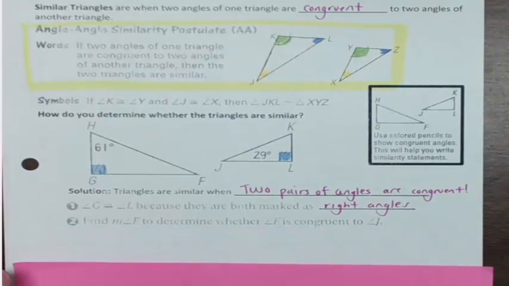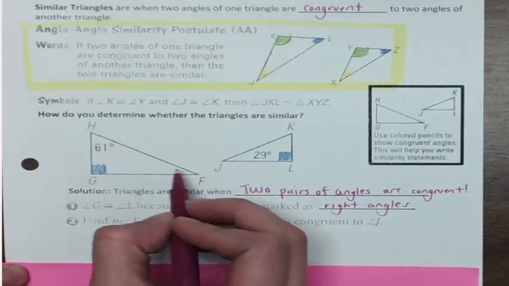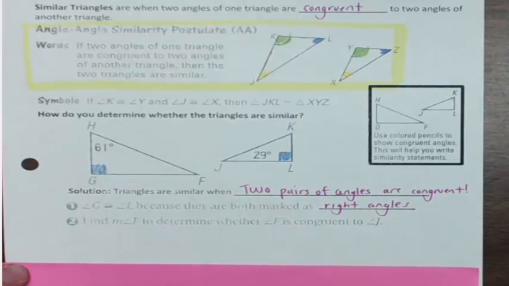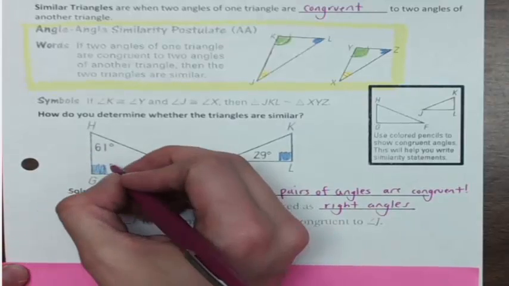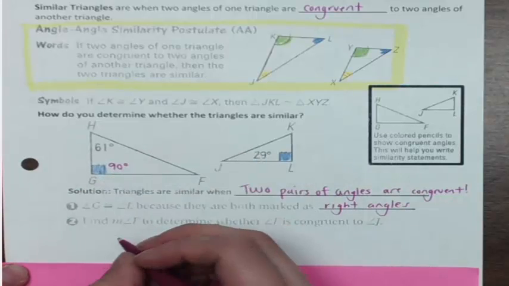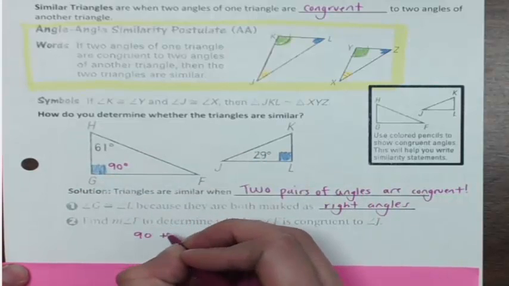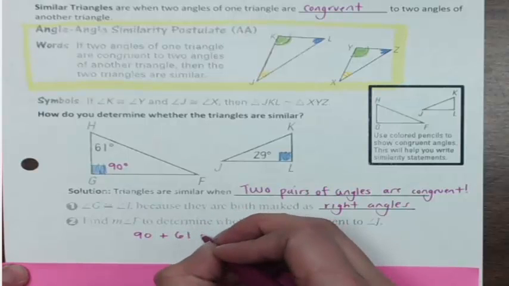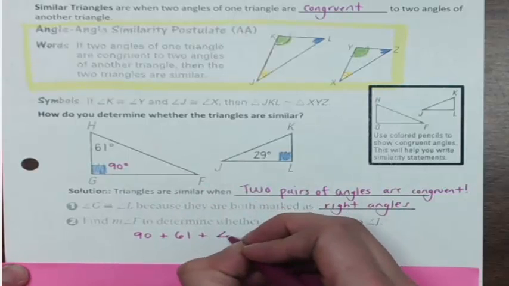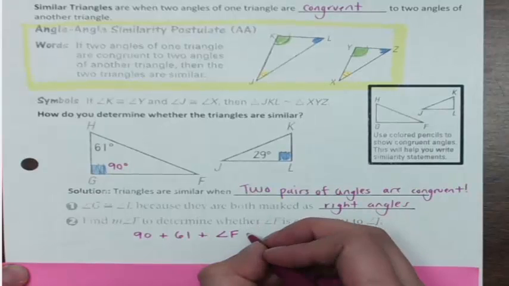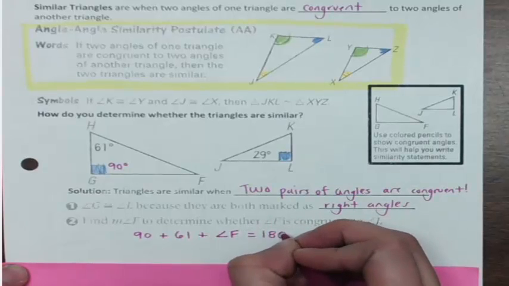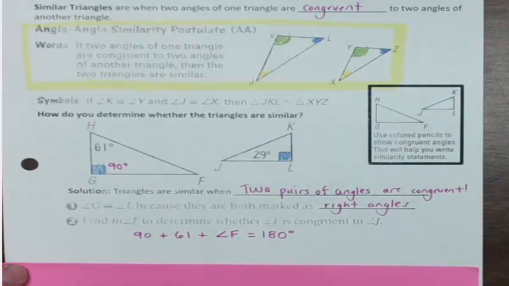Based off of the other theorems, I know that all my angles have to add up to 180 degrees. So angle G was 90 degrees, so I have 90 plus angle H, which is 61, plus angle F, which I need to figure out, and all my angles add up to 180 degrees.